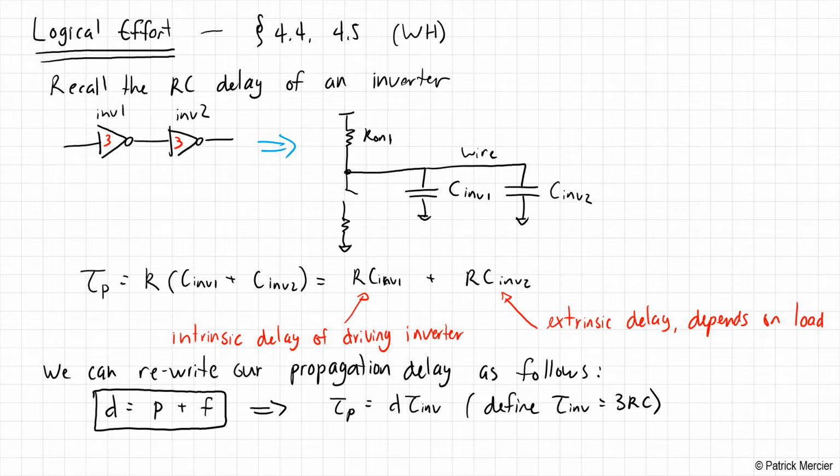Okay, so what does P mean? P is the parasitic delay of our circuit, and this is intrinsic to the gate even when not loaded.